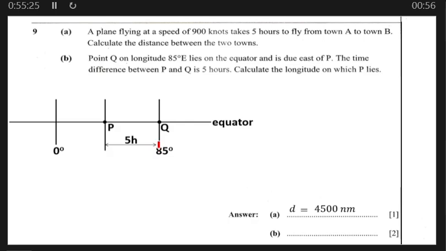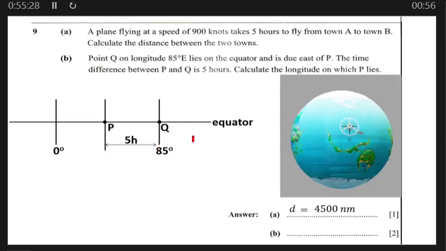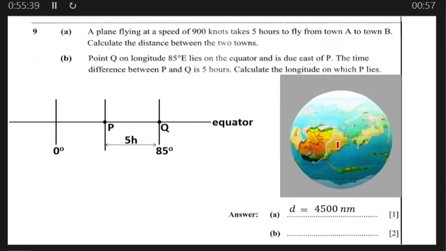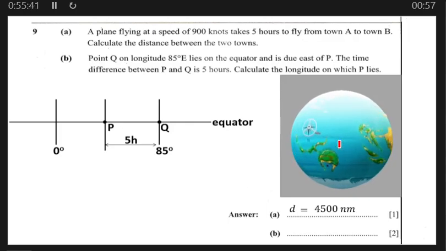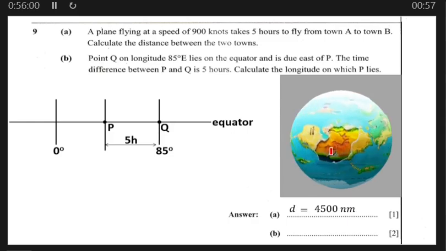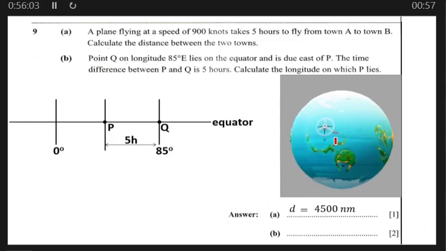If you have the earth like this and we have this point here, and it makes a complete rotation, it goes and comes back to the same point.